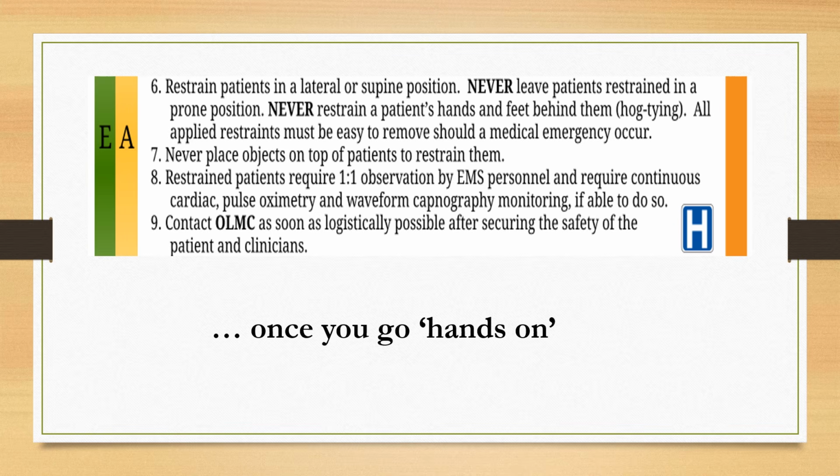That means using a KED on top of the patient to restrain them to the stretcher, or using a long board or another person. It does a really good job in this protocol highlighting that restrained patients require one-on-one observation by EMS personnel, with continuous cardiac, pulse ox and waveform capnography, if able to do so, if they're cooperative enough to do that. But again, one-on-one observation is required. And then we need to contact online medical control as soon as possible and when it's safe for us to do so, to give them a heads up.